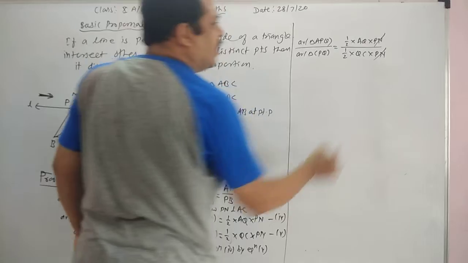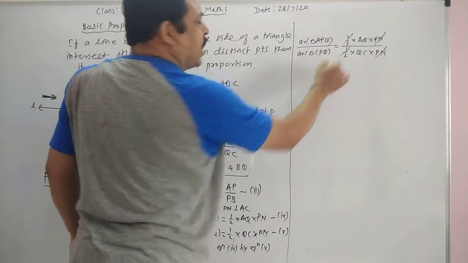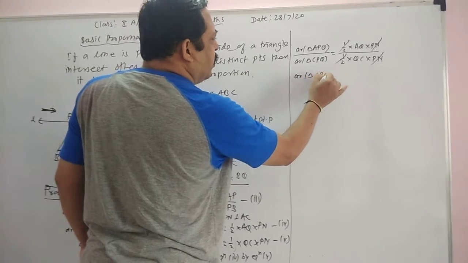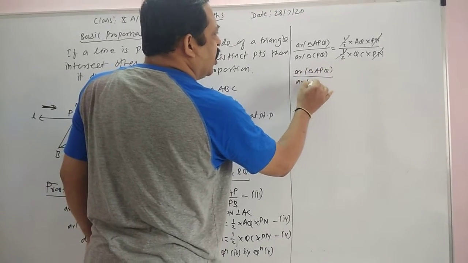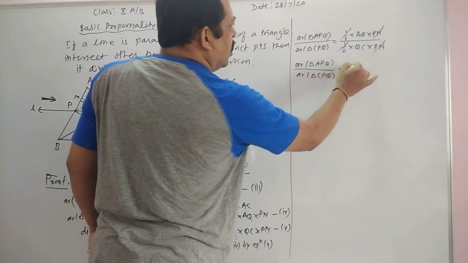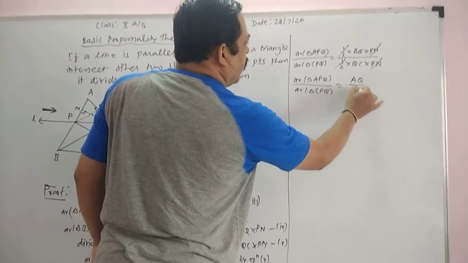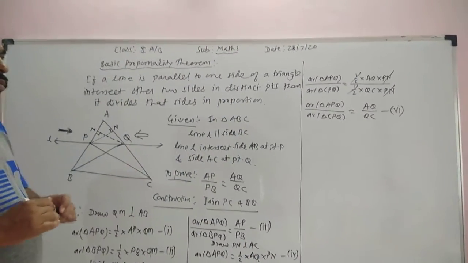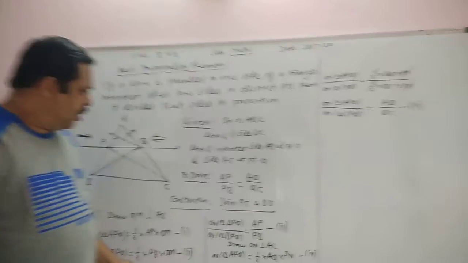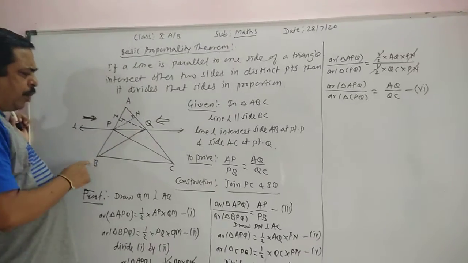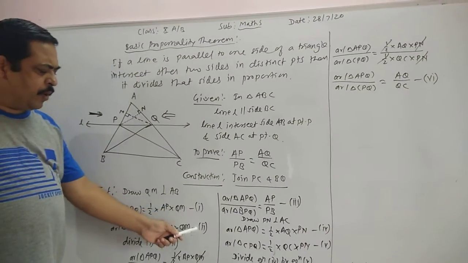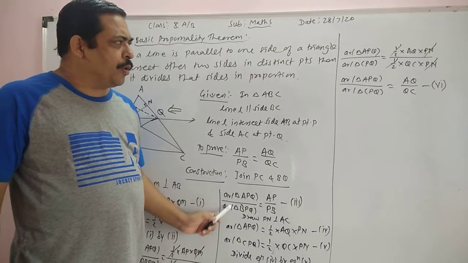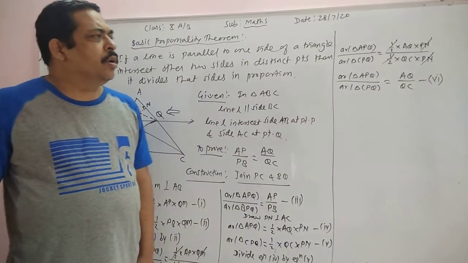Again the same height and 1 by 2 get cancelled. Then area of triangle APQ upon area of triangle CPQ equals AQ upon QC. Denote it as equation number 6. Dividing equation 1 by 2 gave equation 3, the ratio of areas of two triangles, and now equation 6.